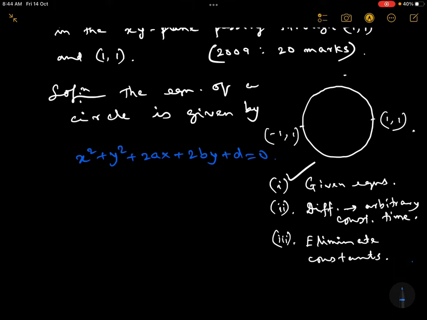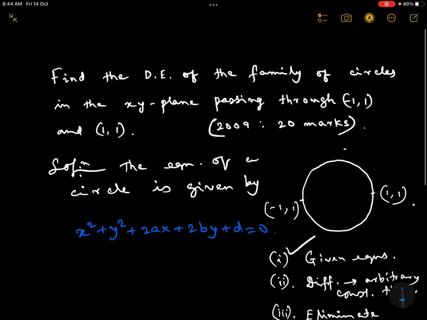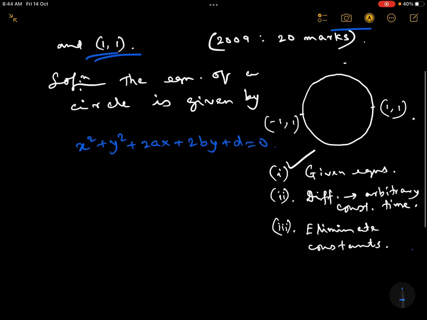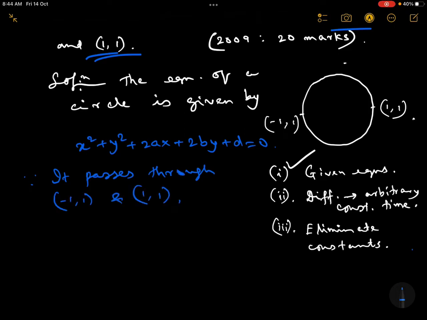But before that, let us modify this one a bit, because it's clearly given in the question that this passes through -1, 1 and 1, 1. So since it passes through -1, 1, you just have to substitute this in the given equation.